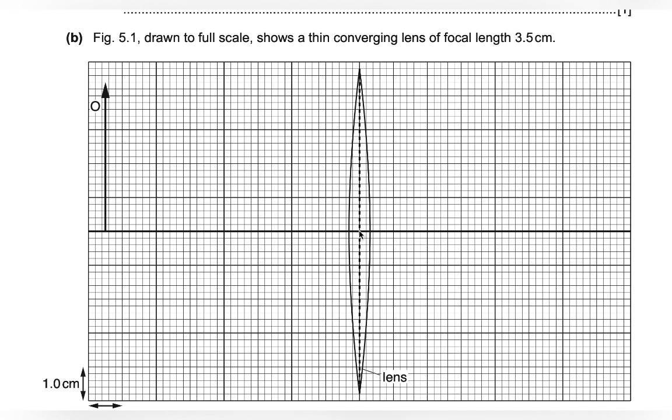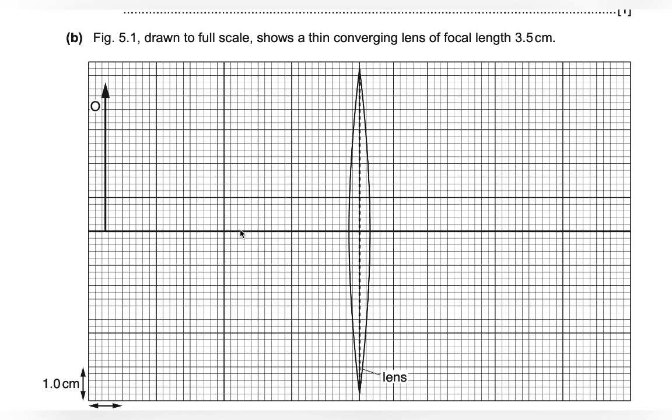So 1 centimeter is 5 tiny boxes. 1, 2, 3, 4, 5. So to this point is 1 centimeter, to this point is 2 centimeters, to this point is 3 centimeters, and then 3.5 will be 2.5 boxes away, somewhere here.